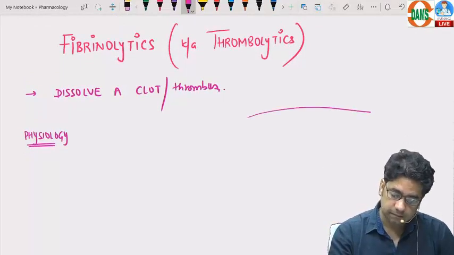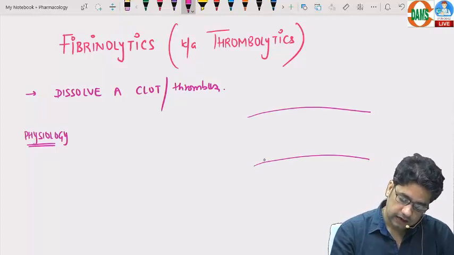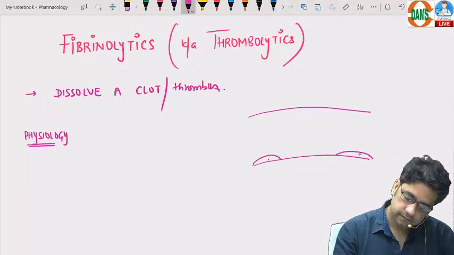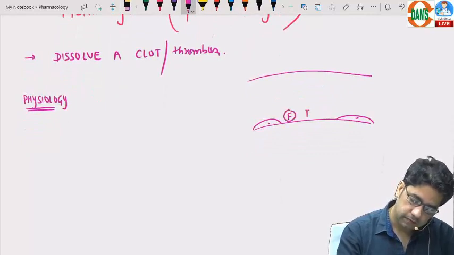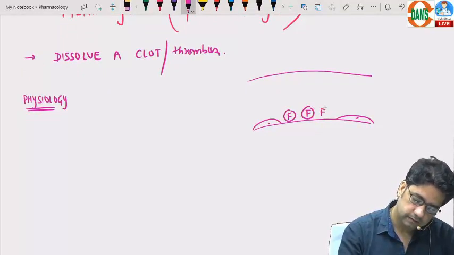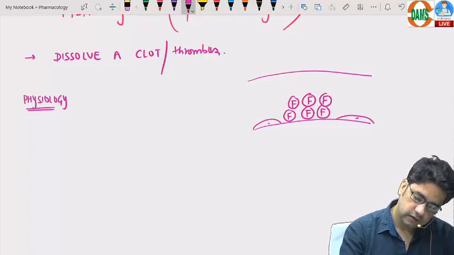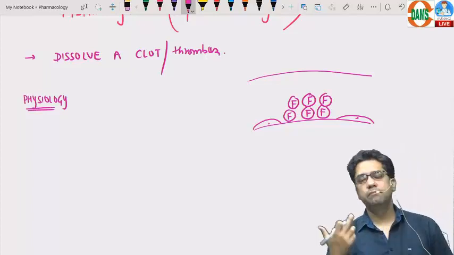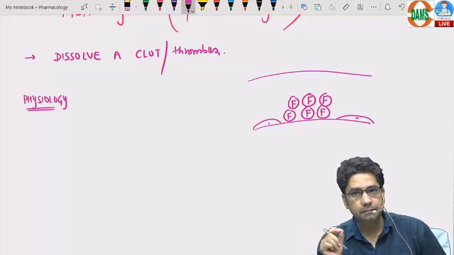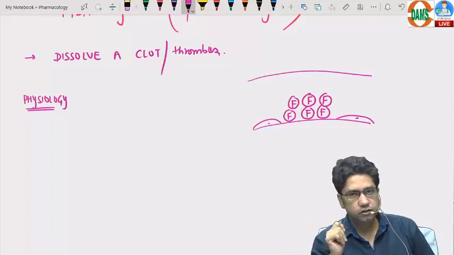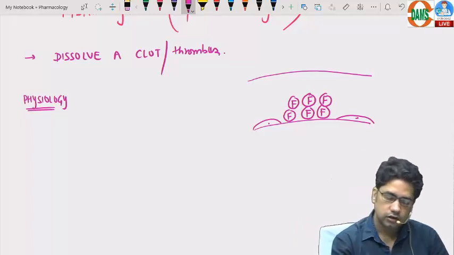Sir, suppose this is a blood vessel and this is an endothelial cell. And on this endothelial cell, suppose fibrin is attached. F for fibrin. समझ गए बच्चों? सर जब ये fibrin becomes excessively deposited, I think we know it's a bad thing. So what will happen?